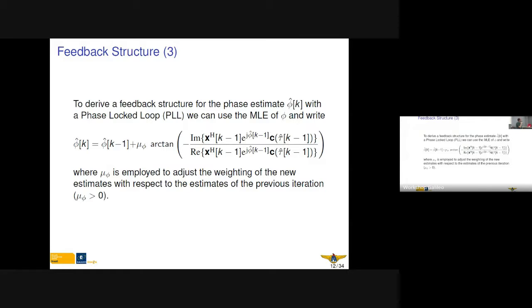So we have phi hat of k equal to phi hat of k minus 1, the previous iteration, and we can gradually update this with the arctangent of the imaginary part of x^H_{k-1} times e^{j phi hat k minus 1} times c(tau hat k minus 1), divided by the real part of this thing, with a minus.